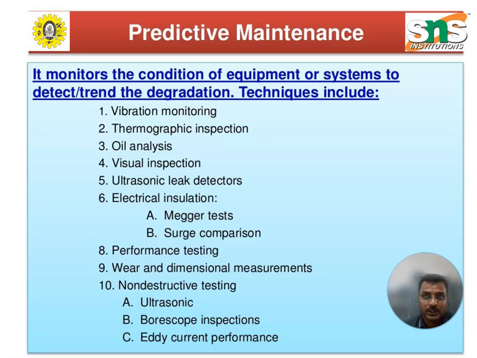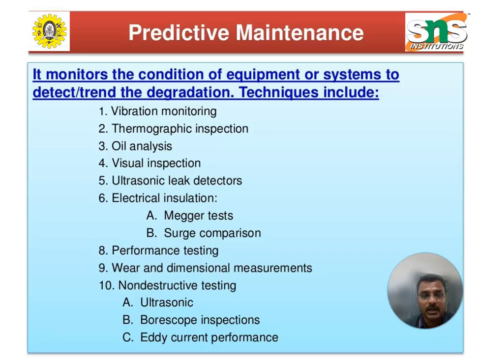In the case of preventive maintenance, it is periodically planned maintenance, which is done regularly in the industry to avoid unnecessary damage to the tools, machines, or any other equipment installed in the industries. The third one is predictive maintenance.